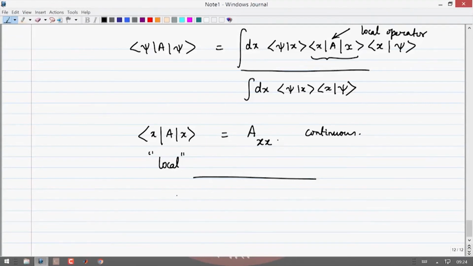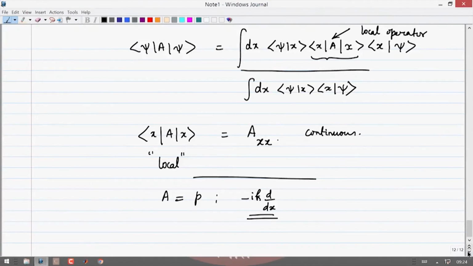Therefore, when you write the integral, for example, for A equal to P, the integral is written using minus i h bar d by dx, which is the operator representation.